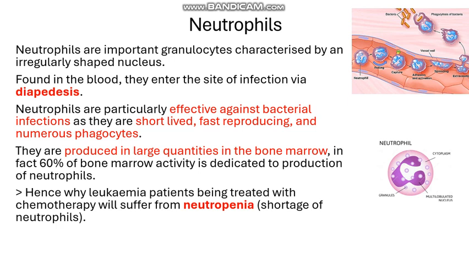Neutrophils are important granulocytes characterized by irregularly shaped nuclei. So you can see that in this image to the bottom right here. It has about 3 lobes. It looks a bit like a face. They're found in the blood, and they enter the site of infection via diapedesis, same as basophils.